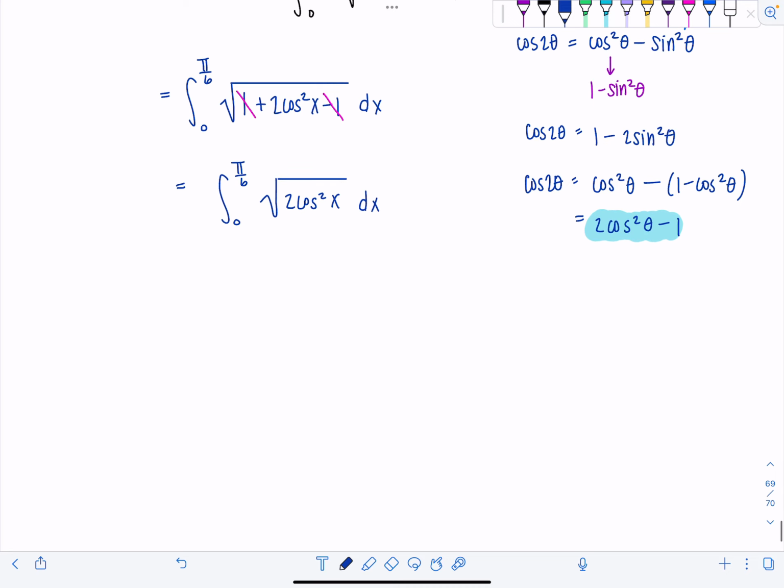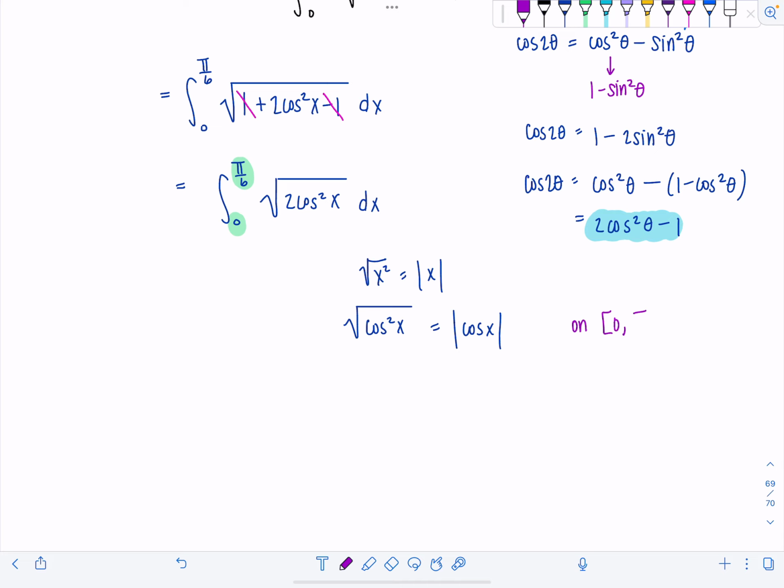All right, now let's be careful here. Remember, the square root of x squared is equal to the absolute value of x. So similarly, the square root of cosine squared x is equal to the absolute value of cosine x. Here's where we have to use some caution. Look at the limits of integration. They're from 0 to pi over 6.